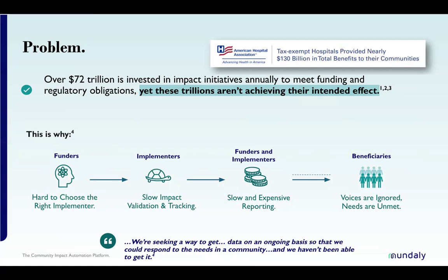Do you want to come from Dubai just to carry out impact? Yet, some of the implementers are quite slow, and the validation and tracking is not very clear. Again, when it comes to reporting, it's very expensive currently because we do not have the right resources, or maybe we are not utilizing the right resources that we currently have.